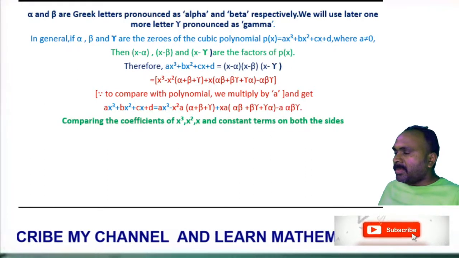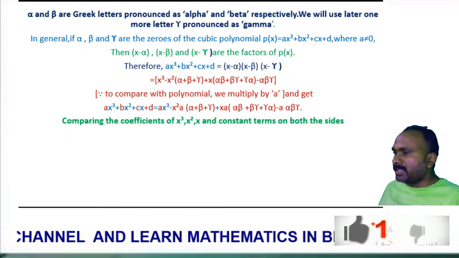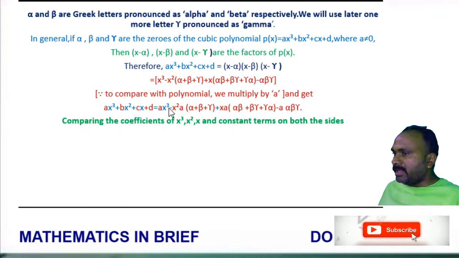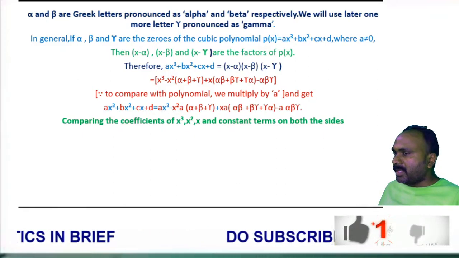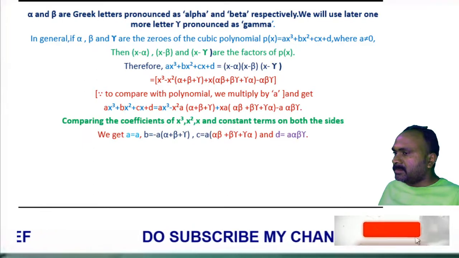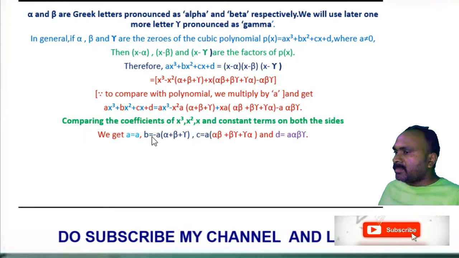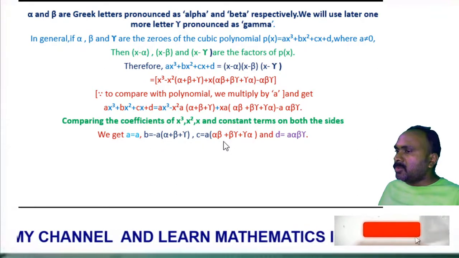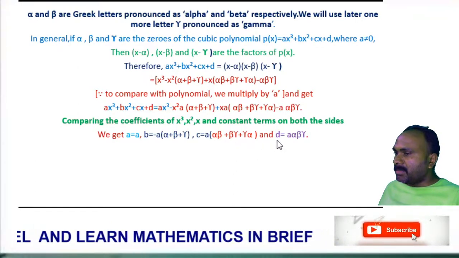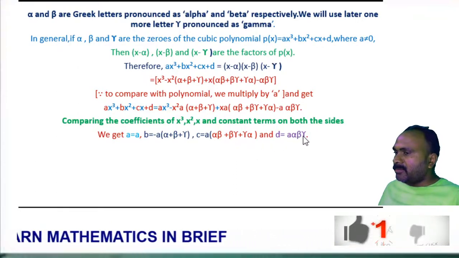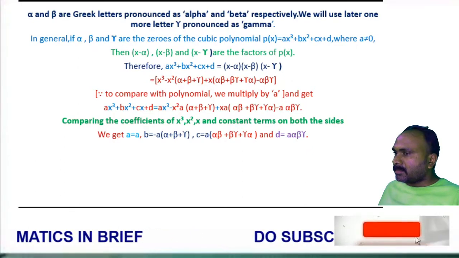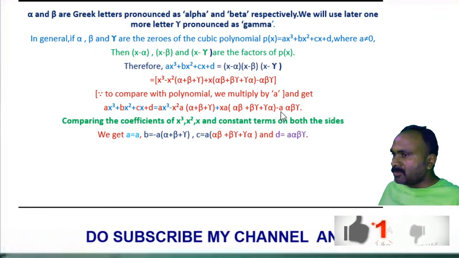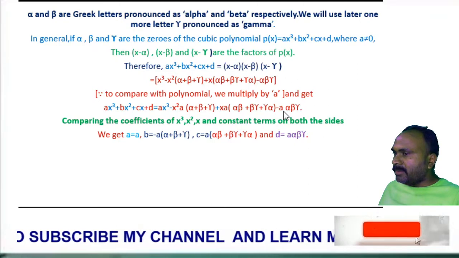Comparing the coefficients of x cube, x square, x and the constant term on both sides, we get a equals a, b equals minus a of alpha plus beta plus gamma, c equals a of alpha beta plus beta gamma plus gamma alpha, and d equals minus a alpha beta gamma.